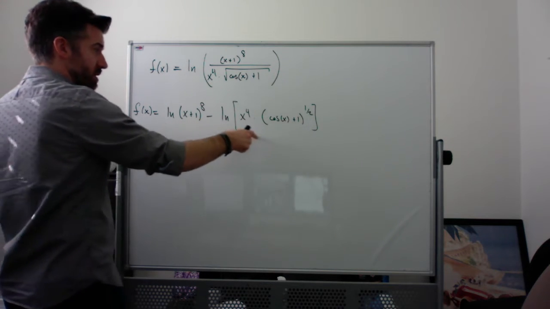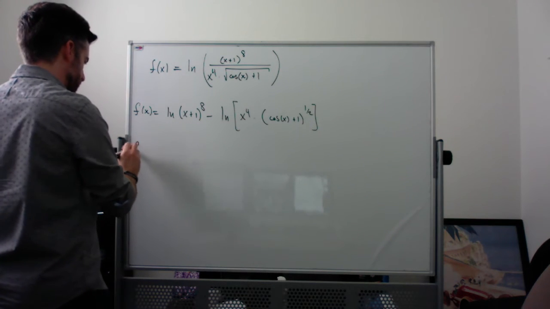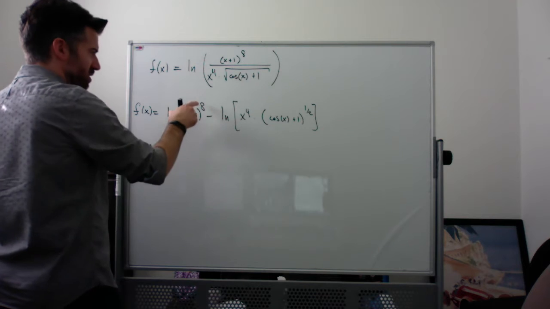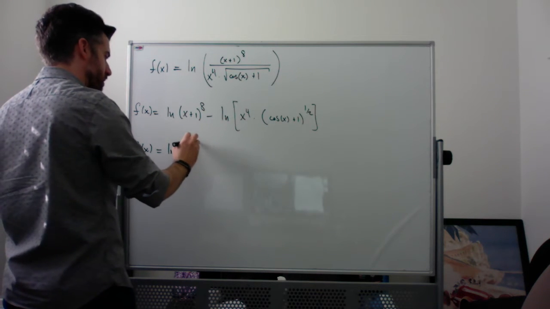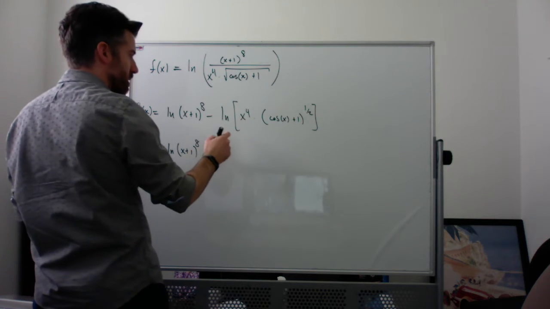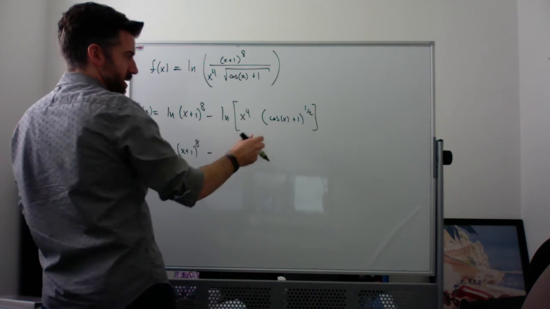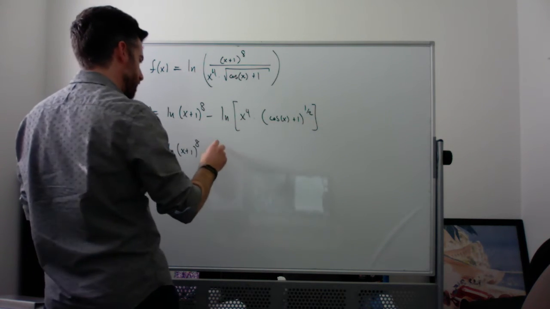And then we're going to break this apart, and usually I bring this power down, but I want to wait on that to point out what some people did. So I've got minus natural log of x to the 4th plus natural log of cosine of x plus 1 to the 1/2.